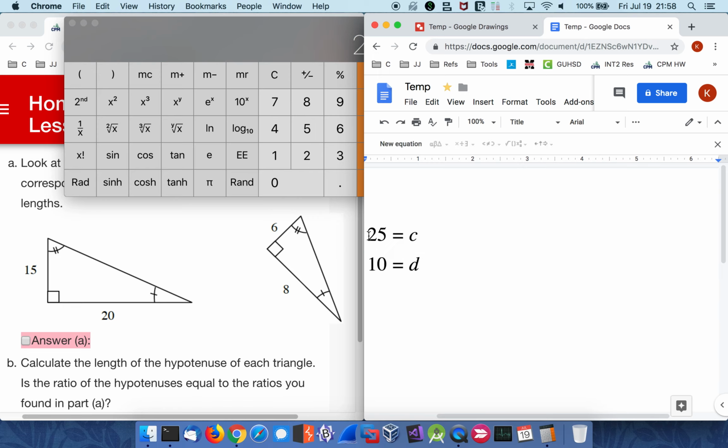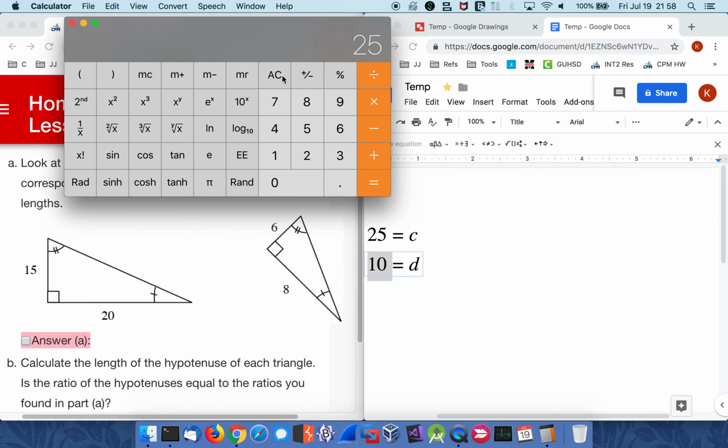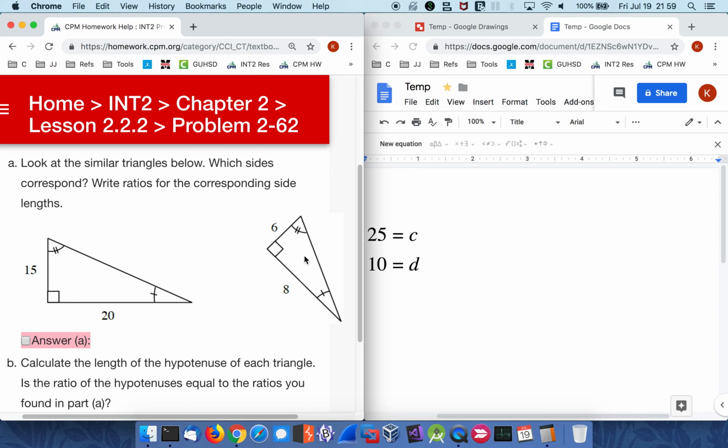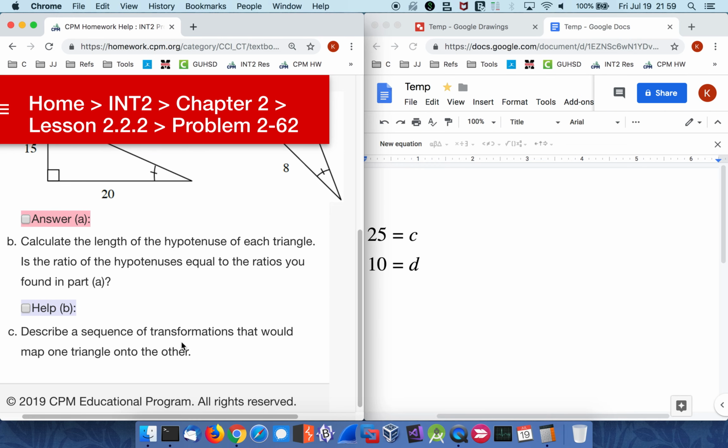So d equals 10. Now the question is, is the ratio of the hypotenuses equal to the ratio you found in part A? So is 25 divided by 10 2.5? It sure is. And you can double check it: 25 divided by 10 equals 2.5. So yes, the ratio of this triangle to this triangle is 2.5 times bigger on all sides, but they are similar triangles.